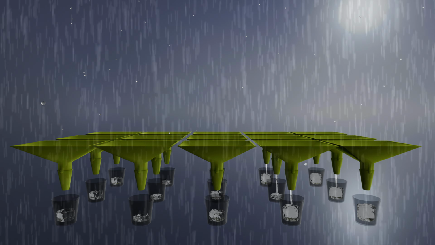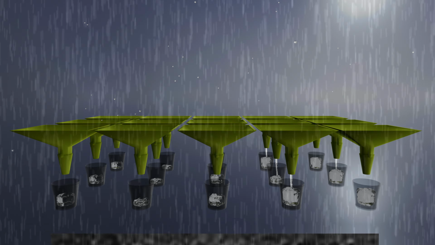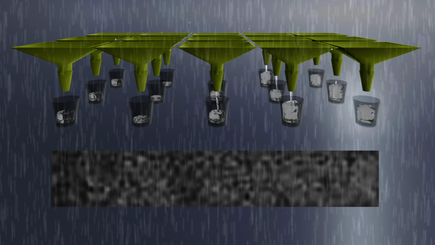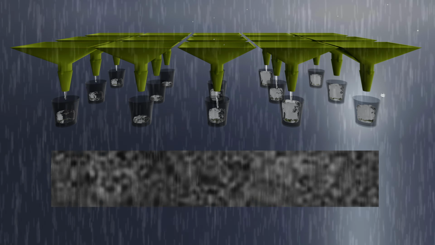The buckets won't fill up evenly, and when you measure the levels of light and generate a picture, the different levels appear on screen as noise. This is shot noise. The good news is, as you collect more light, the differences in the levels between the buckets averages out.